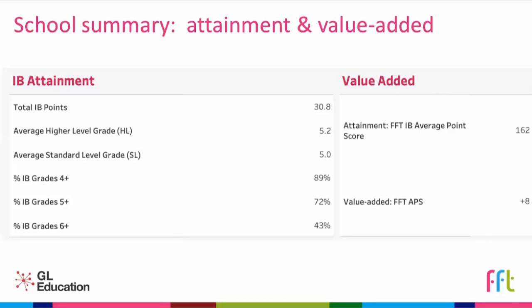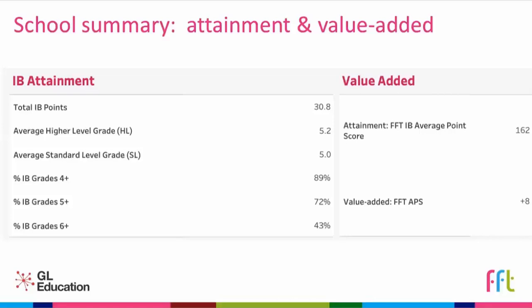We also provide the average grade for both the higher level and the standard level. So on average students are achieving around about a grade 5 in both higher and standard level. And then we also show the percentage of students achieving grades 4 and above across their grades in individual subjects, grade 5 and above, and grade 6 and above.